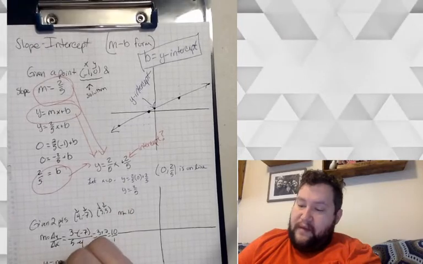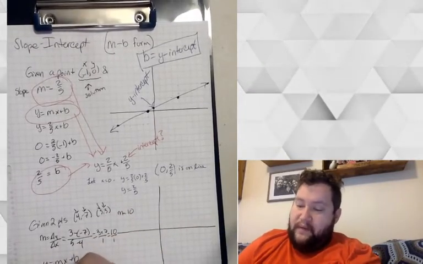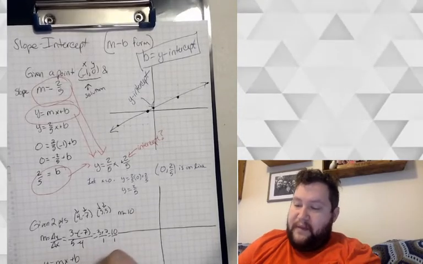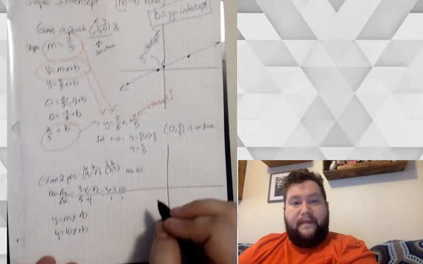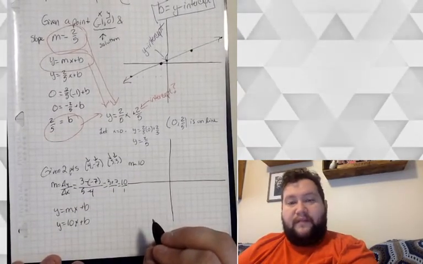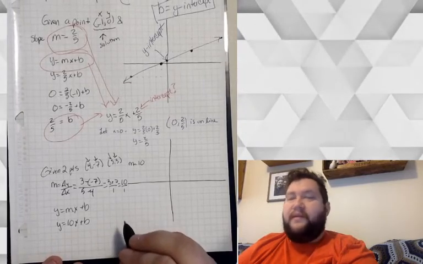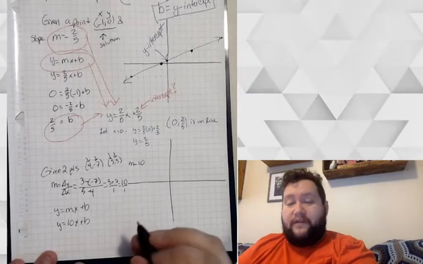y equals mx plus b. y equals 10x plus b. And then we can pick either point, because based on our work on the previous page, when we were looking at point-slope, we showed that slope-intercept is unique.